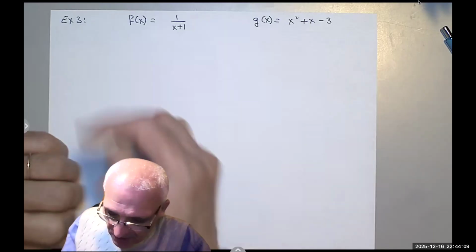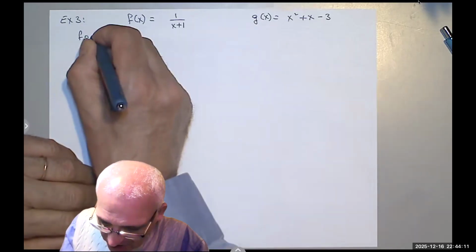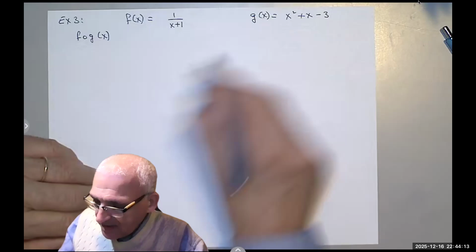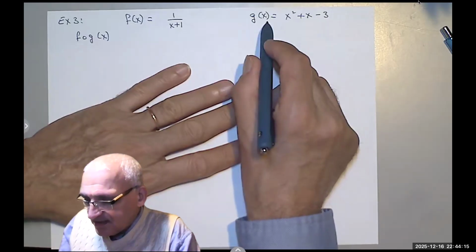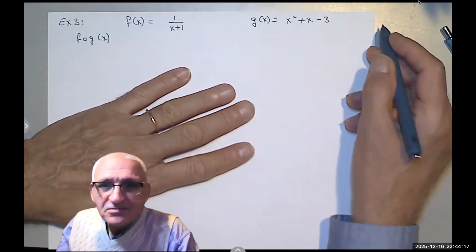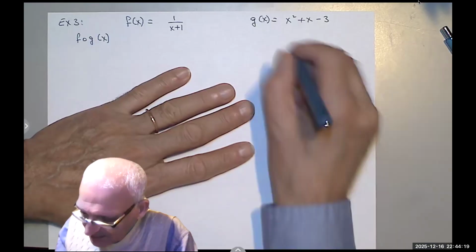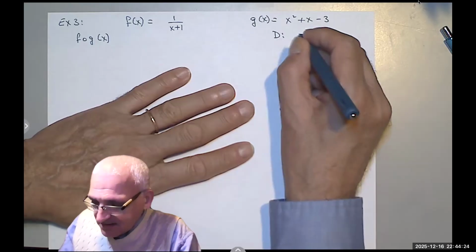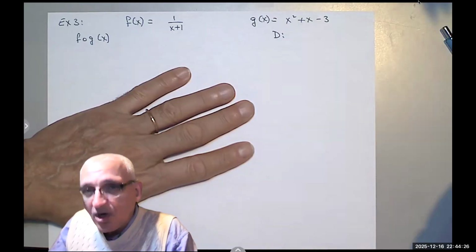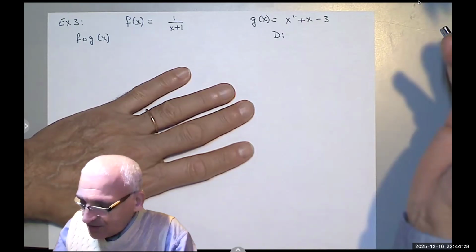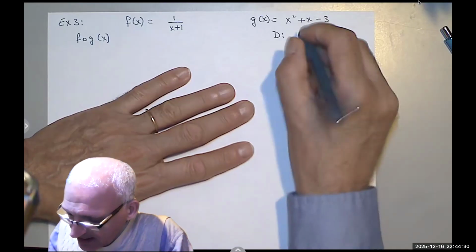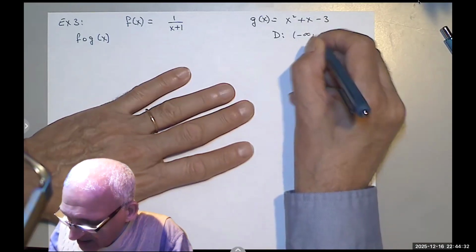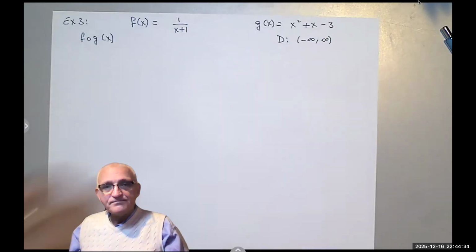Again, here I want also f of g of x. G of x is a polynomial, so it doesn't have any restraint, meaning the domain here is everything x such that x belongs to R, any real value. Or, as we said, we can say it's negative infinity up to infinity.